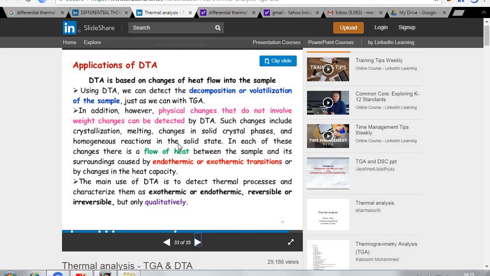So for that purpose we go for DTA, because some processes like crystal changes and melting can be measured only using this kind of instrument, where endothermic and exothermic transitions take place rather than weight loss. Okay, so the main use of DTA is to detect thermal processes and characterize them as exothermic, endothermic, reversible or irreversible.